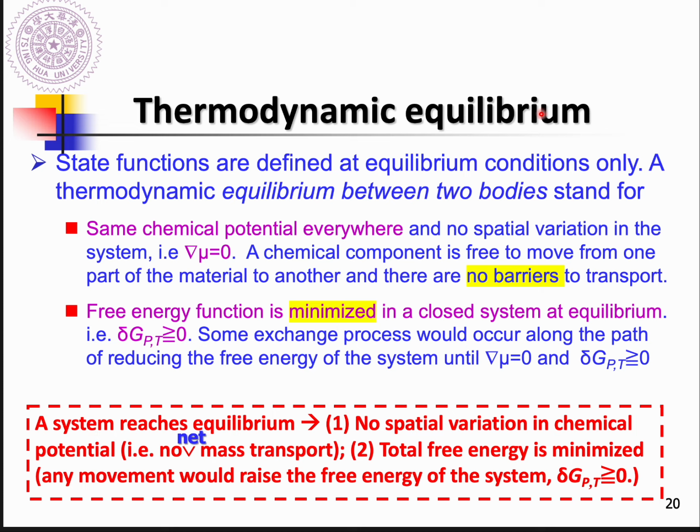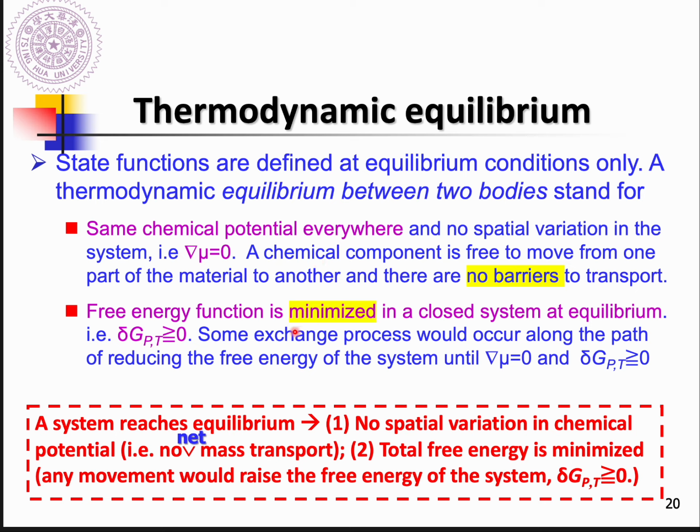The important part is that the state function does not change with time. Also, the chemical potential everywhere is the same, so there's no spatial variation in the system involving the chemical potential.